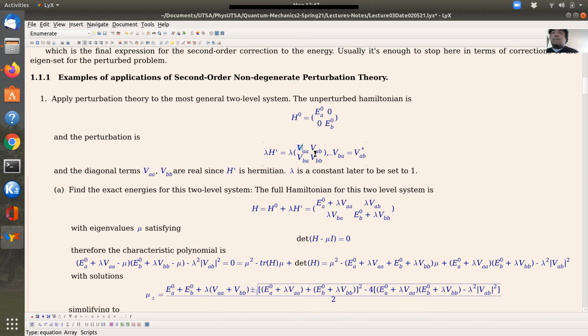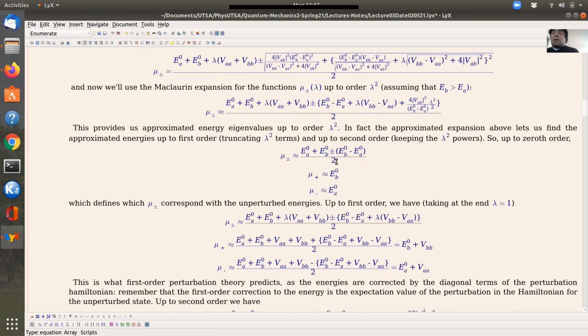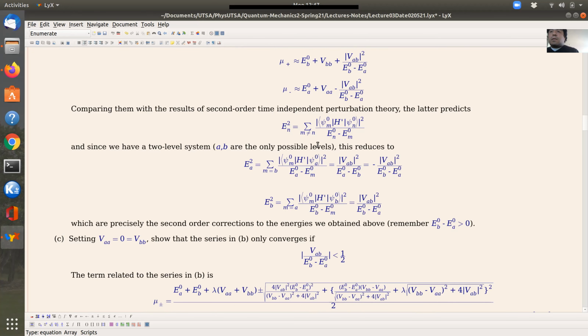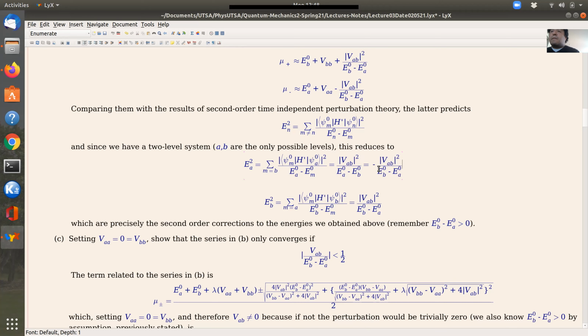And so this is by definition BAB squared, if you remember what was the form of H prime. So H prime was this matrix. So this is BAB squared divided by E0A minus E0B, because m is equal to B in this two-level state representation. And if I just basically multiply by 1 with minus minus, so I get minus BAB squared norm divided by the difference between the energy levels E0B minus E0A, where I'm doing this because I know that basically the denominator is positive in this case.